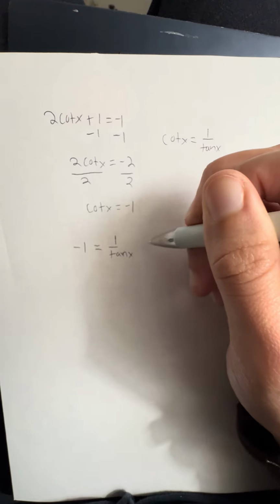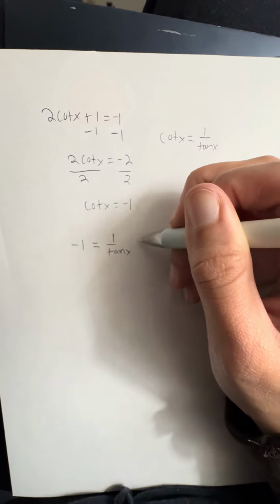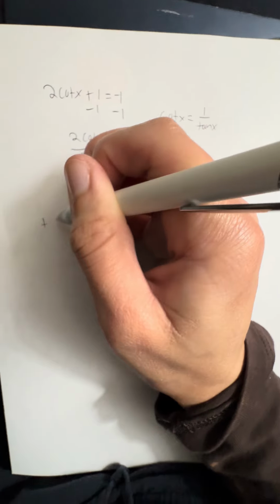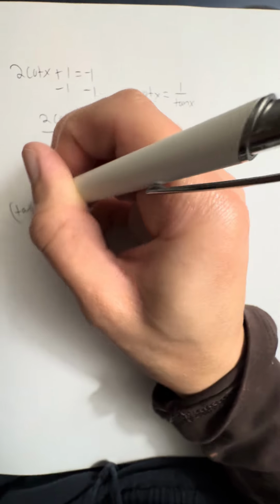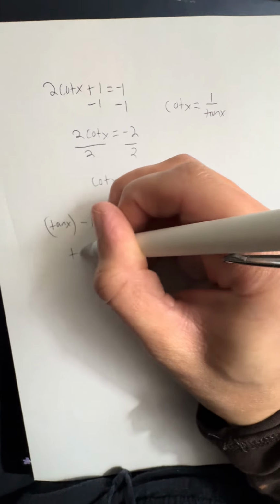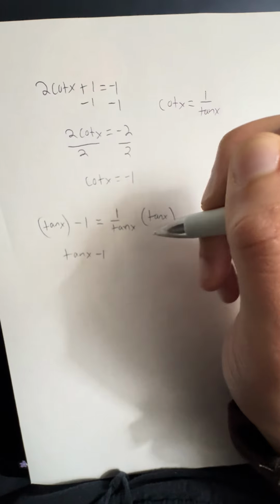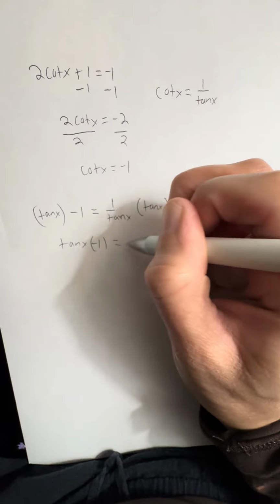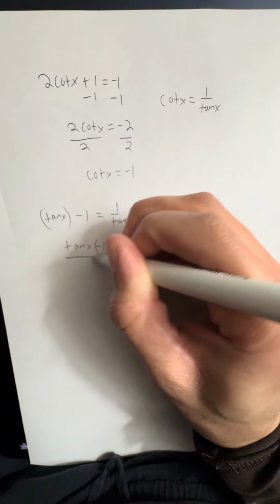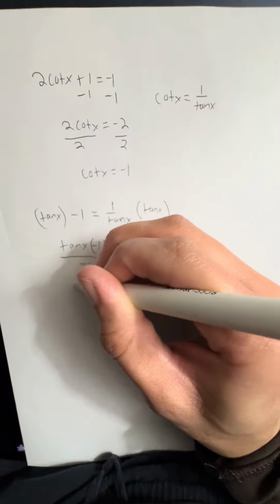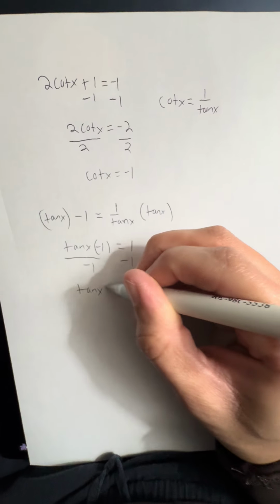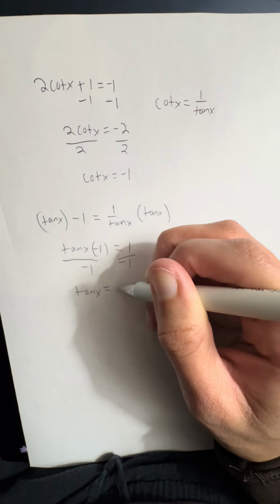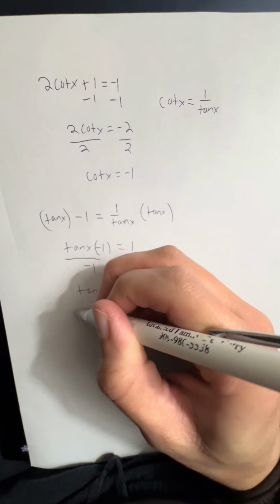So to solve, what you would need to do is put tan x on this side and tan x on that side, multiply, rearrange, so tan x times -1 is equal to 1, and then divide by -1. Tangent of x is equal to -1.